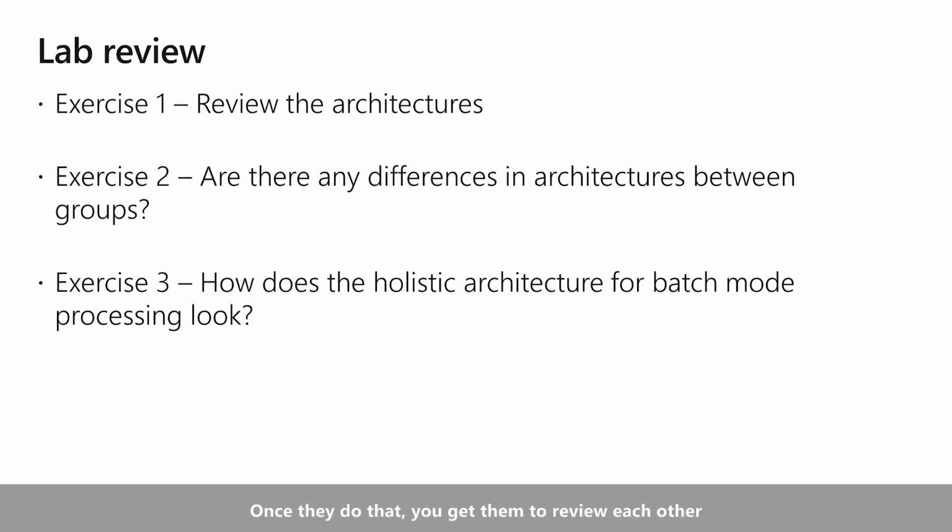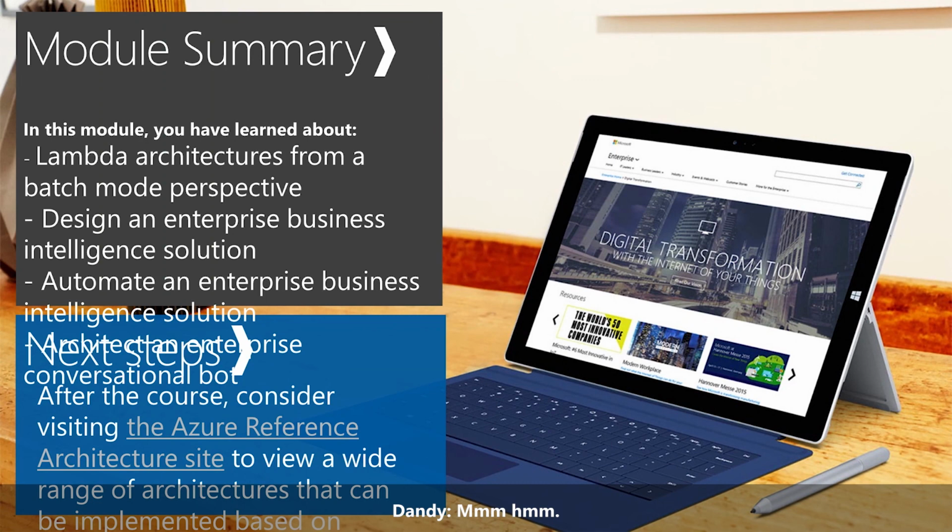Once they do that, you get them to review, show off their architectures, which is why there's 30 minutes in the reviews. From there, identify any differences. See that as a positive, right? Because maybe they've seen something that the other group hasn't. And then look at how the holistic architecture of a batch mode processing looks. Okay, and again, that's exploring the architectures.